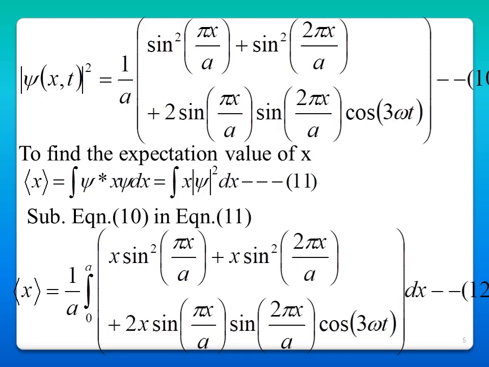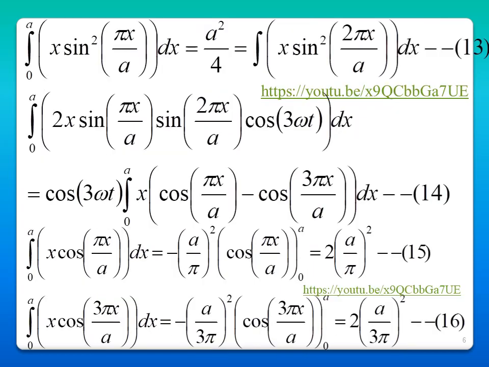Now we have to find the expectation value of x. So it is equal to integral of x times modulus of psi squared dx. So substitute this value in the expression, we can get 1 by a integral from 0 to a of x sin squared pi x by a plus x sin squared 2 pi x by a plus 2x sin pi x by a sin 2 pi x by a cos 3 omega t into dx.